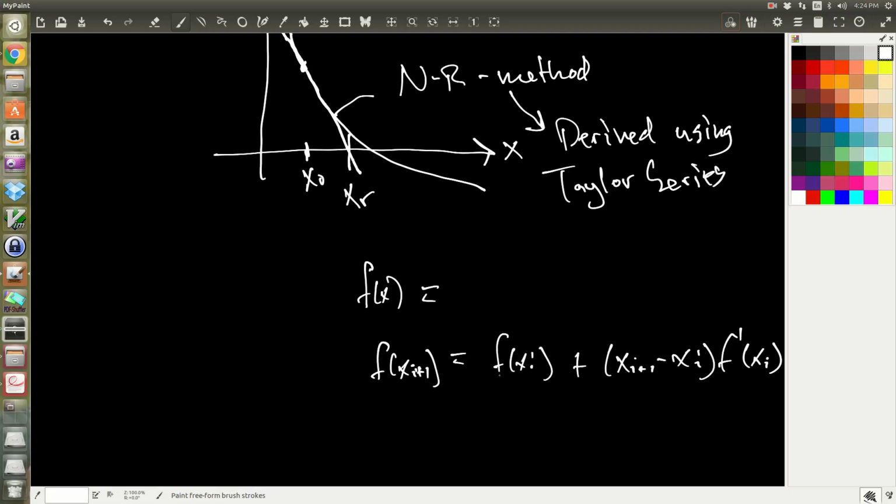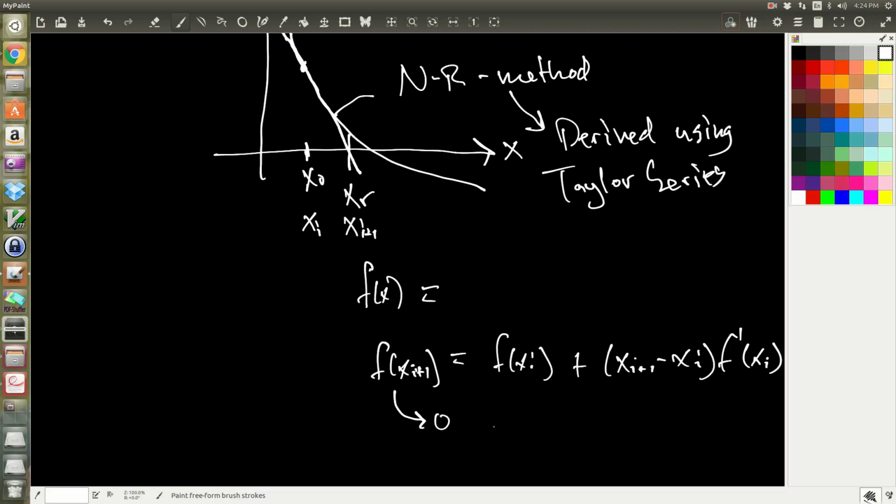Right? Then we said, okay, well, where this line crosses the x-axis, that means this is 0. We'll let that be our xi plus 1. So here I'm letting this be xi and this being xi plus 1.